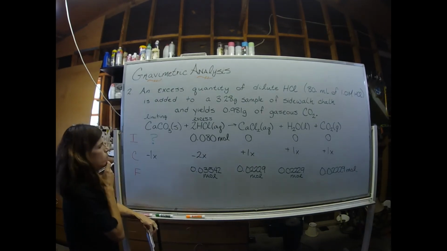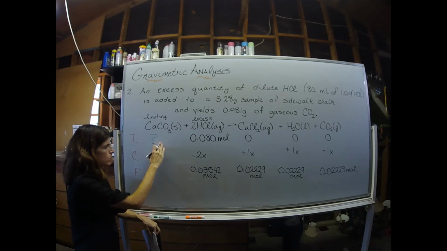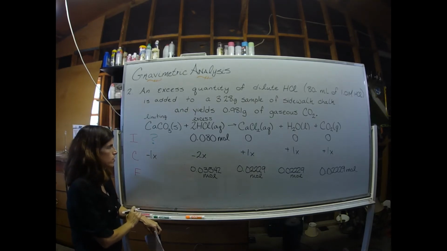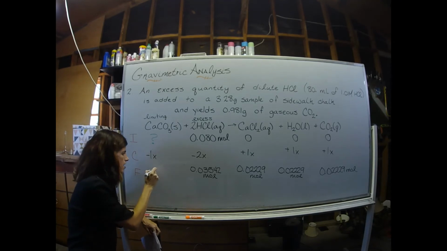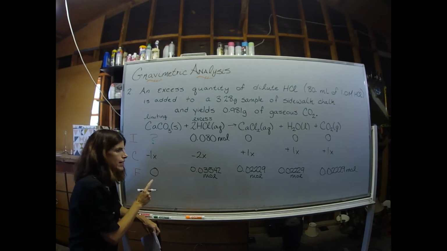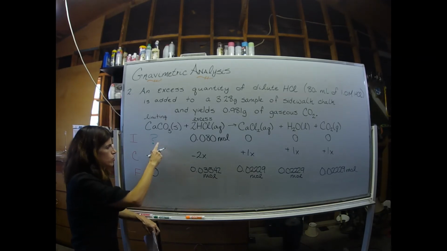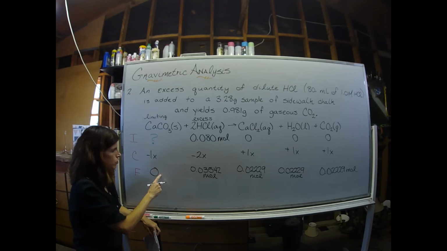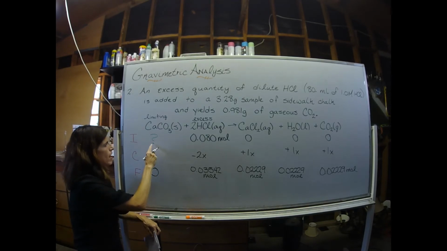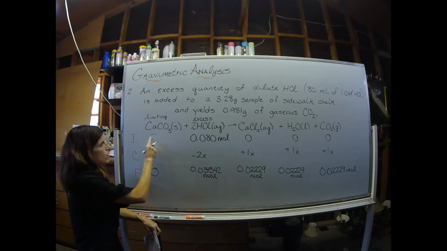Over here, what do we do here, right? We have a question mark, so how can we finish this? This is our limiting reactant. And we know that for the limiting reactant, our final line has to be 0. So something minus 1x equals 0. Well, we know what x is. X is 0.02229, and we're getting rid of 1x.